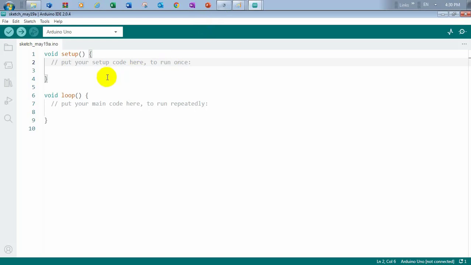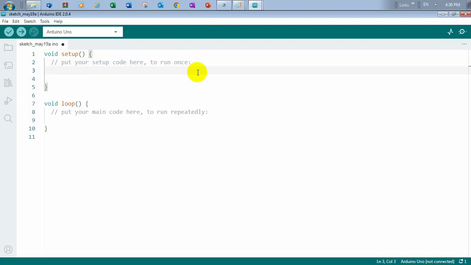Pin mode, open parenthesis. So what do we write?